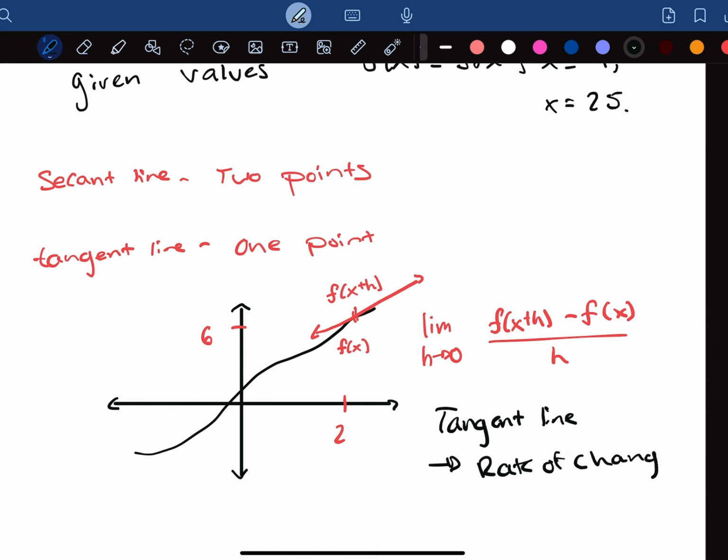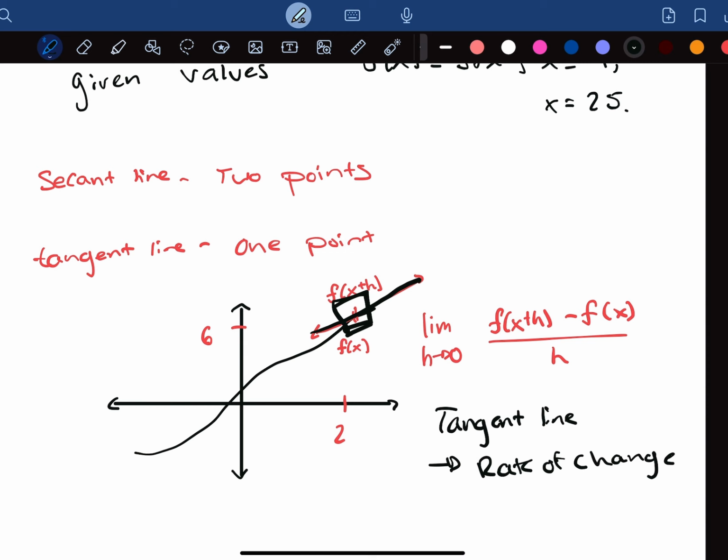But since the tangent line represents an instantaneous rate of change at this point, it's not talking about a rate of change here or here, it is only talking about the rate of change for this value here. We have this line representing whatever the slope is at that specific point. So it's an instantaneous, or immediate, rate of change.